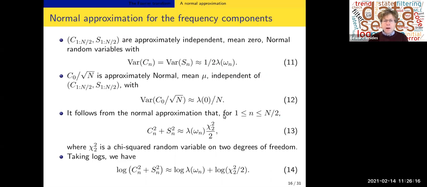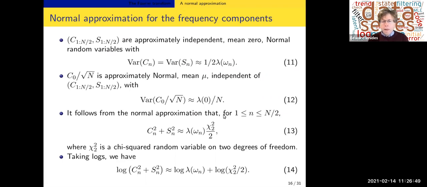A nice thing happens when we take logs of 13. So if we log the summed squared frequency components, then we separate the chance variation, which is a log chi-squared, from the log spectral density. And so we have an additive representation, which is convenient for estimating the log spectrum.